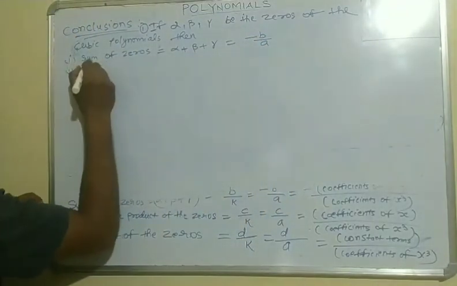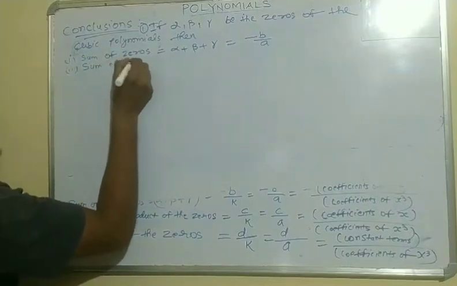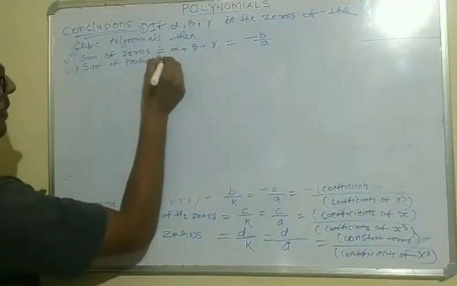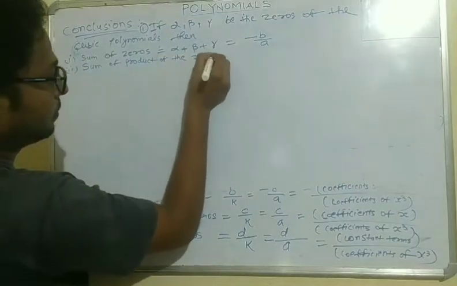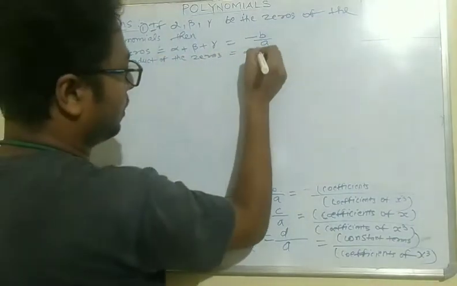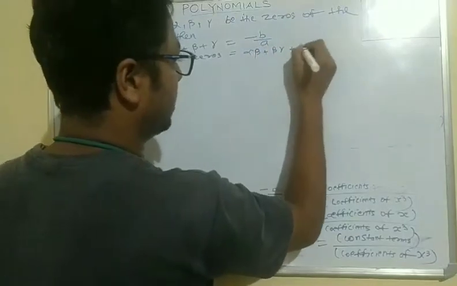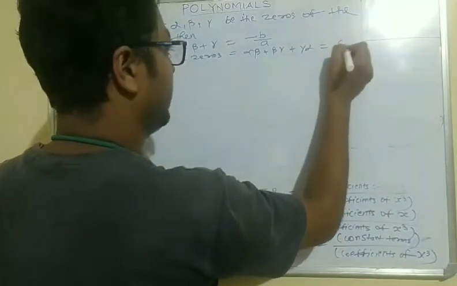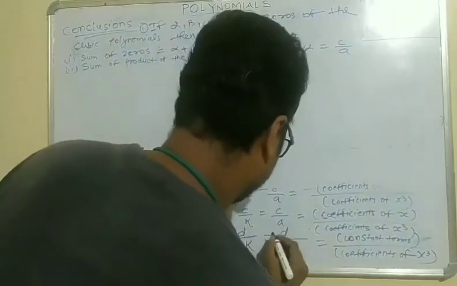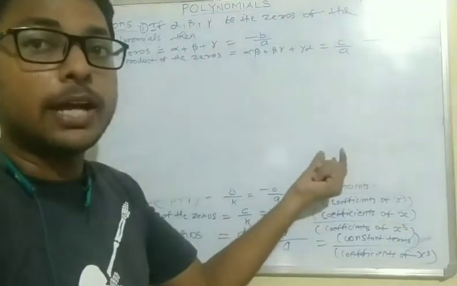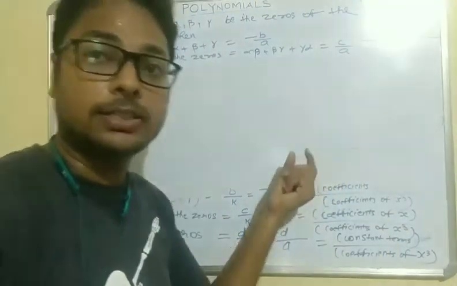Second is the sum of the product of the zeros, alpha beta plus beta gamma plus gamma alpha, equal to c upon a. And third one is the product of the zeros, alpha beta gamma, equal to minus d upon a.